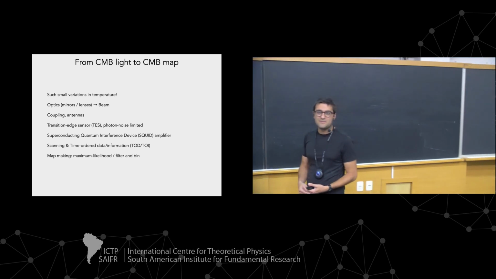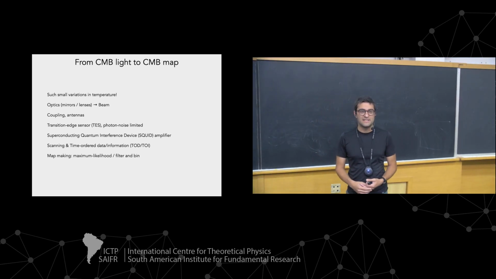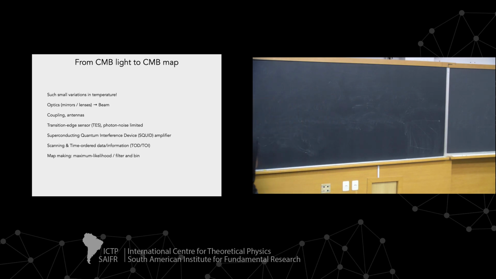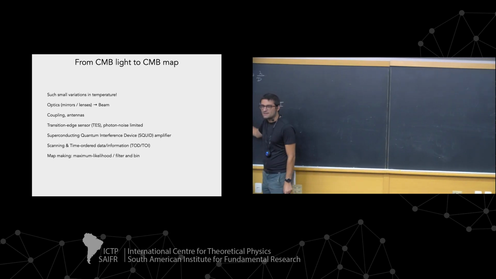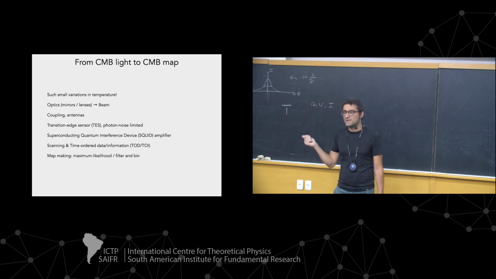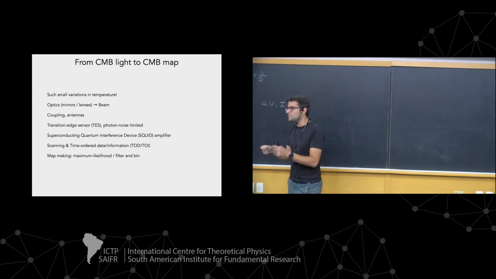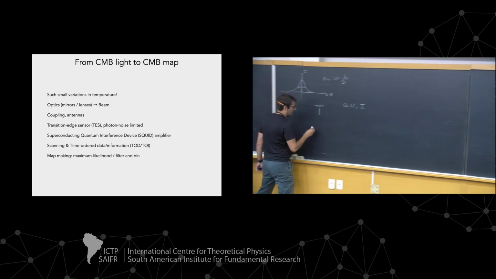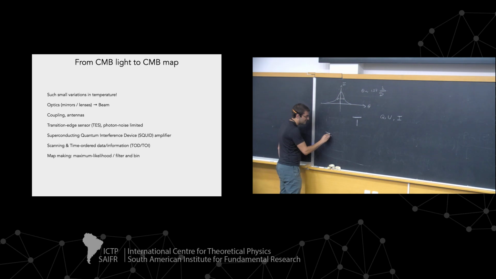And so current CMB experiments are bolometers, meaning for all the light within the frequency band that reaches this antenna, that light will just be converted into heat, and the corresponding temperature of your system will be measured. So you need a very sensitive thermometer coupled to that antenna to be able to measure the very small changes in temperature. And the way this is currently done is with something called transition edge superconductors or sensors.